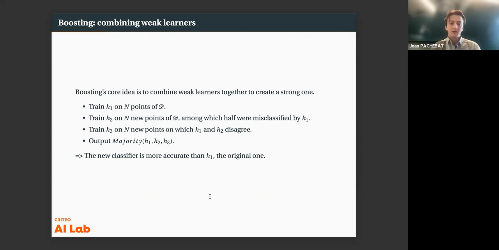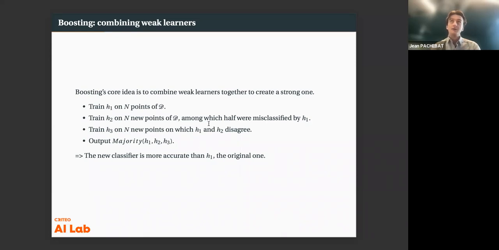So the way it was done: we train a first classifier H1 on n points of a data set G. We train a second classifier on n new points, among which half were misclassified by H1. And we train a third classifier on n points on which H1 and H2 disagree.